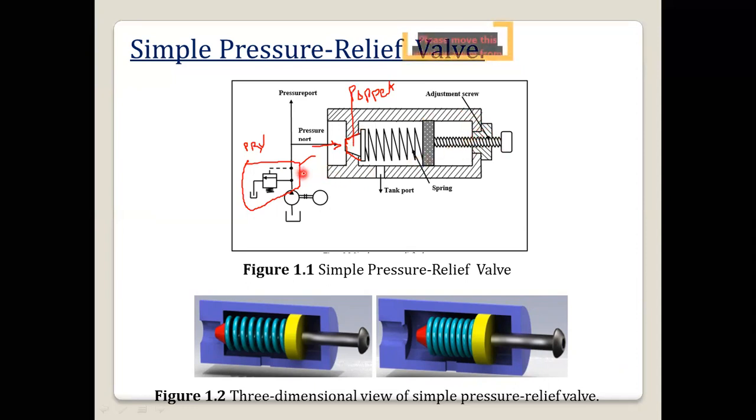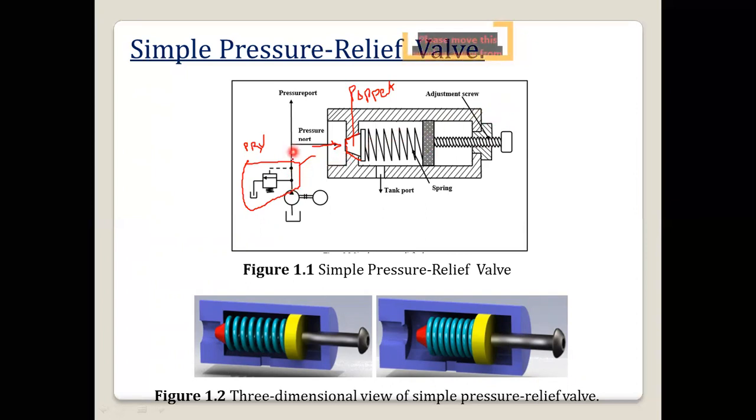For example, in the hydraulic system, the pressure range is around 80 bar, and the system will be running at a pressure of 80 bar. If I adjust this screw and keep the setting at 75 bar, what will happen?